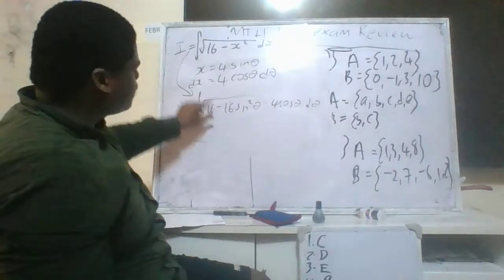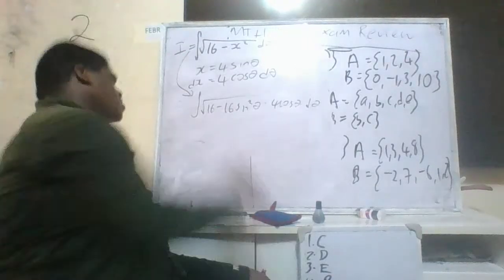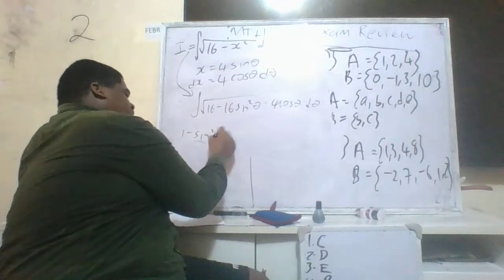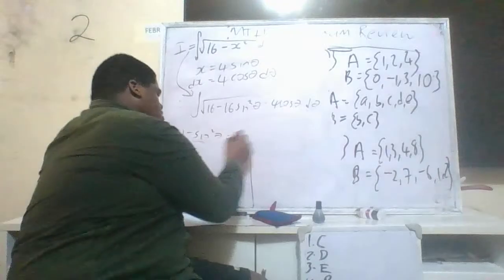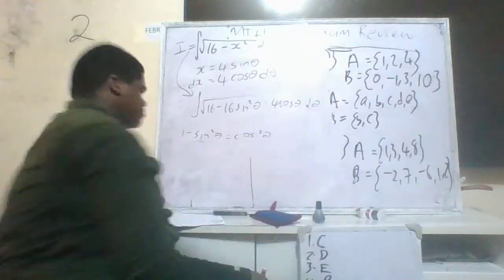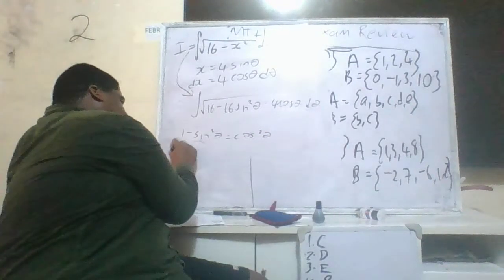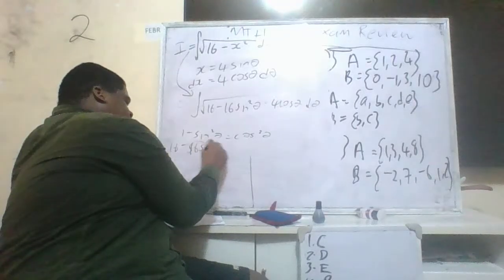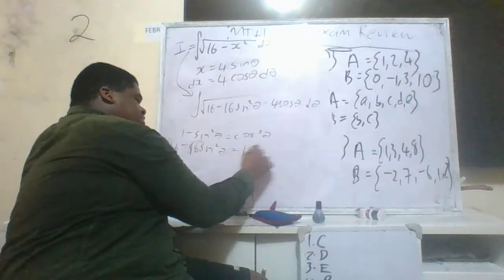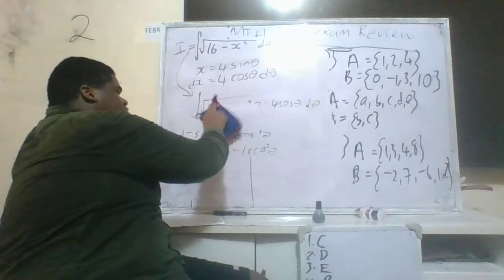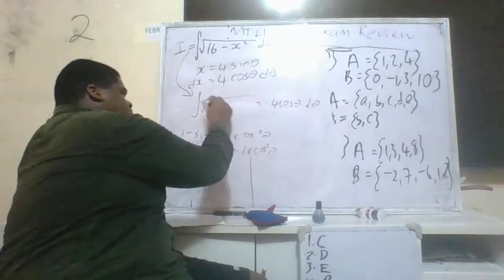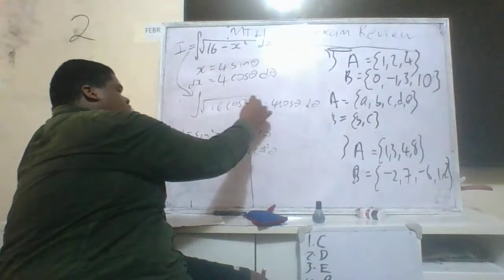So here we have the square root of 16 minus 16 sine square theta. You can remember that 1 minus sine square theta is equal to cos square theta. So 16 minus 16 sine square theta is going to equal 16 cos square theta.